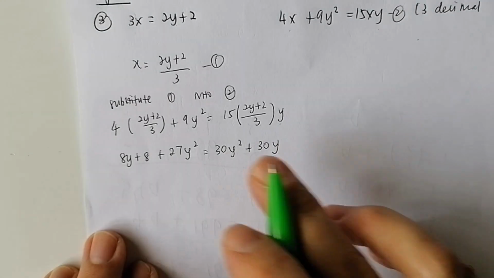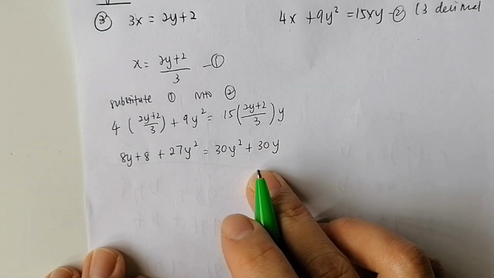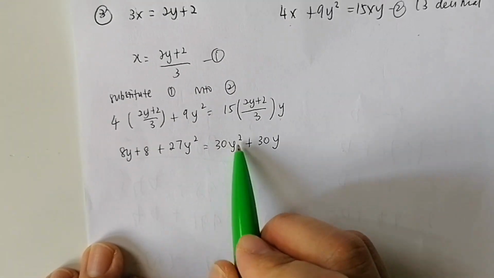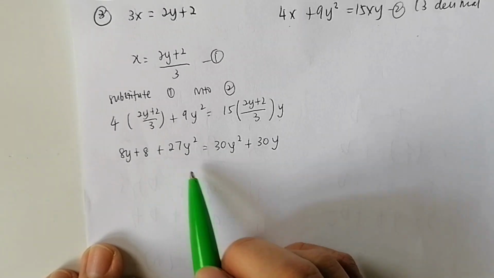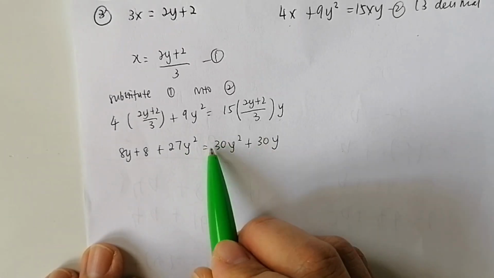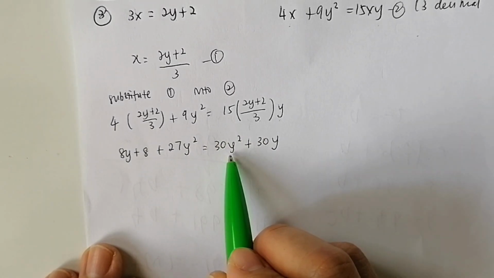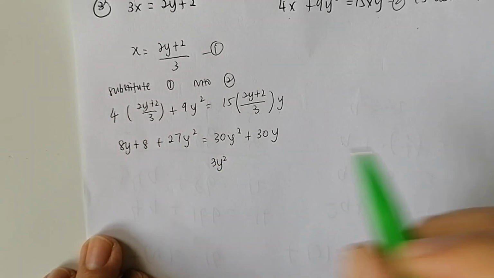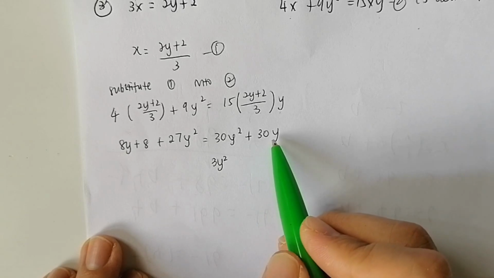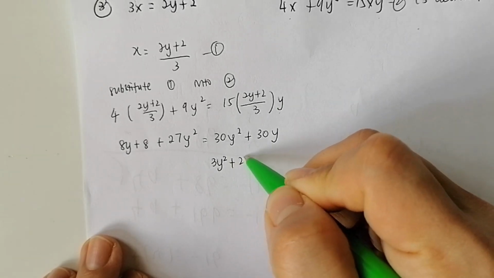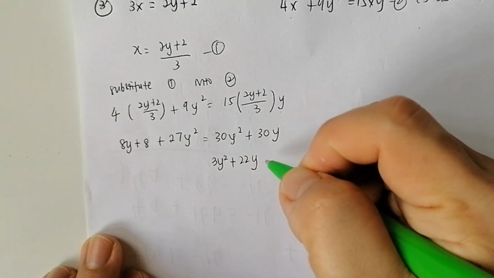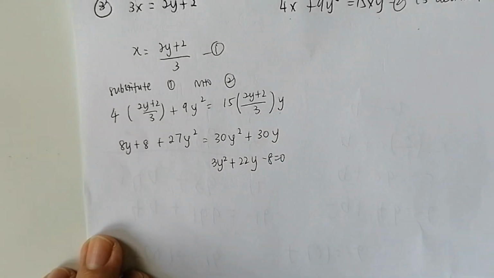From here we change to the general form. Here we have 30y squared, so we can bring everything to the right hand side. 30y squared minus 27y squared, we have positive 3y squared. 8y, bring it here, minus, so we have 22y. Plus 8, we bring it here, becomes minus 8 equal to 0.